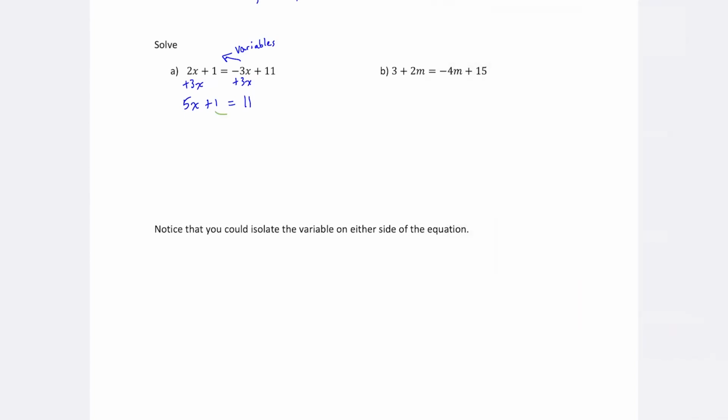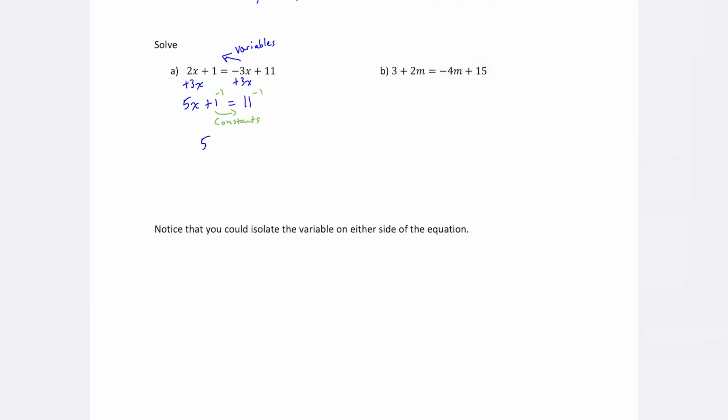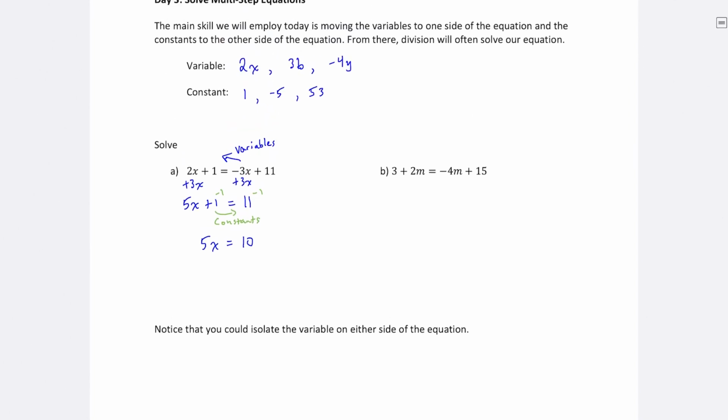Now, we're going to move our constants this way. Okay, so how do we do that? Well, let's minus 1 from both sides. So that leaves us with 5x, and then plus 1 and minus 1 cross out, and 11 minus 1 gives us 10.